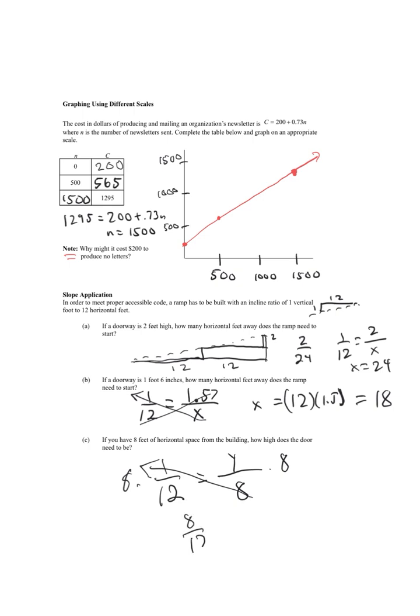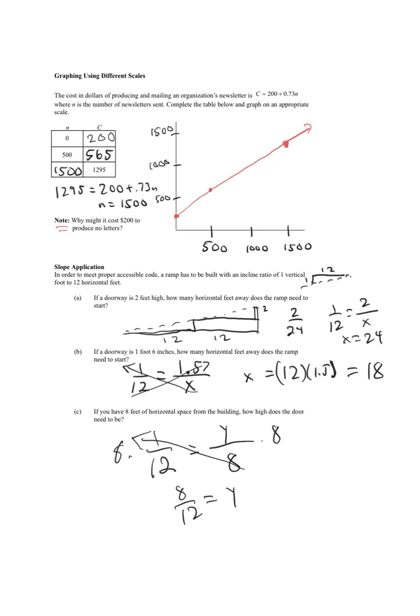So 8/12 equals y. Well, 8/12, that would be 8 inches, right? That would only be 8 inches because 12 inches make a foot. So you would get an 8-inch door. You could say that is 8/12 of a foot, or that would actually just be 8 inches.